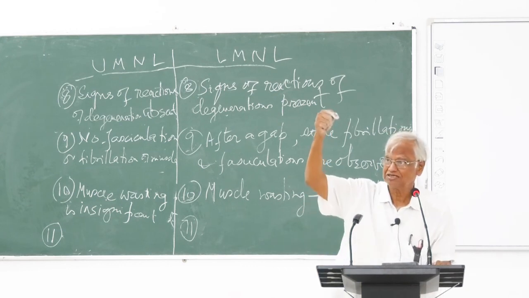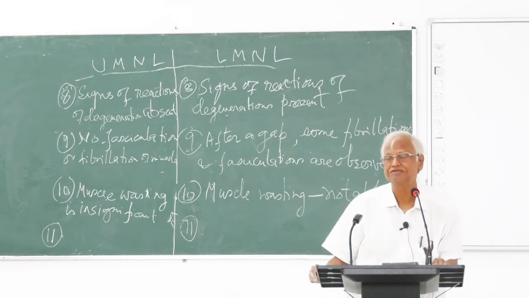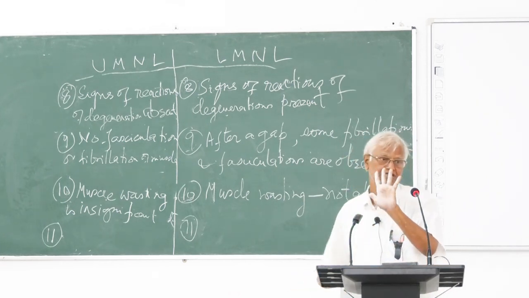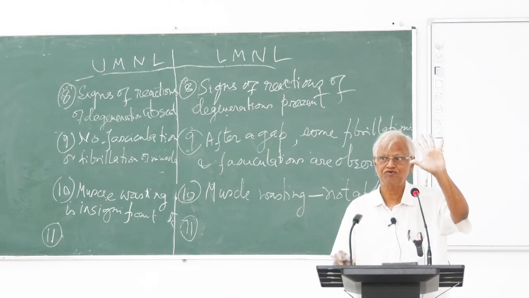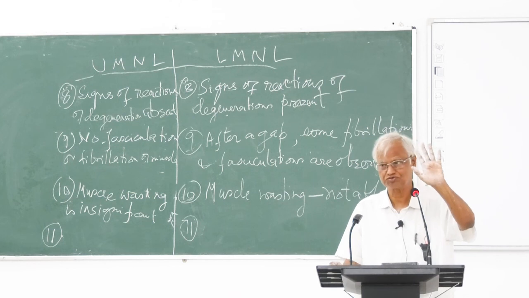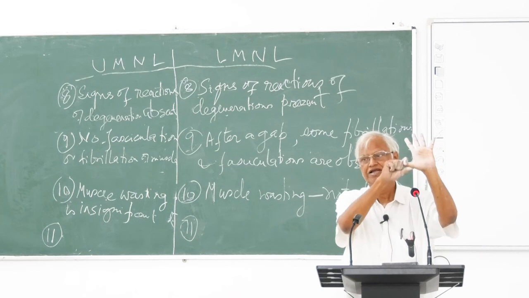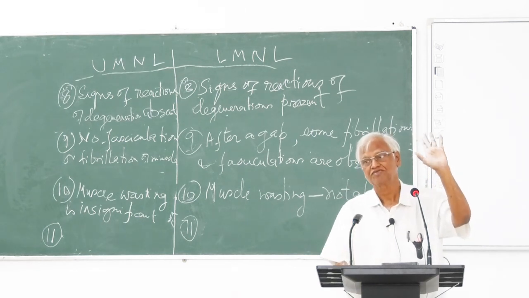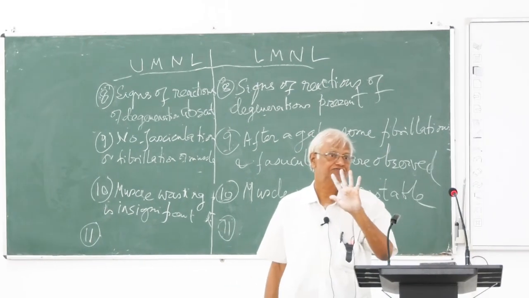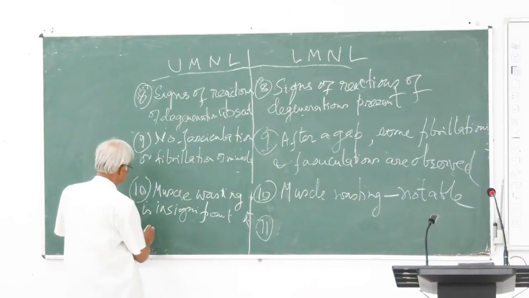You scratch along the lateral border of the sole of the foot. You will find extension of the big toe and fanning out of the other four toes: second, third, fourth and little toe. That is called Babinski sign.